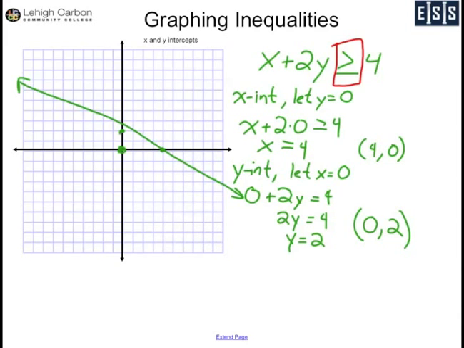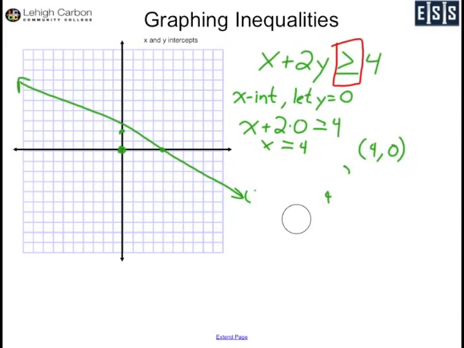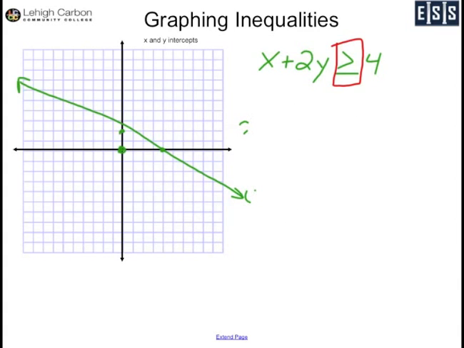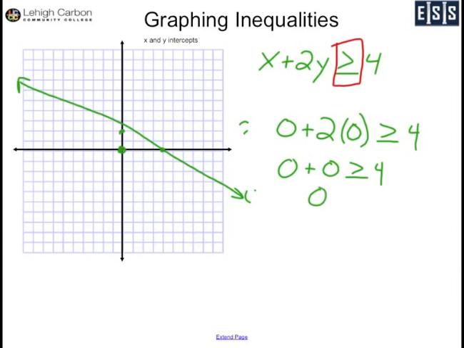I'm going to check this. 0 plus 2 times 0 is greater than or equal to 4. 0 plus 0 is greater than or equal to 4. 0 is greater than or equal to 4. This is false. I don't want to shade that side of the line. I shade the other side.